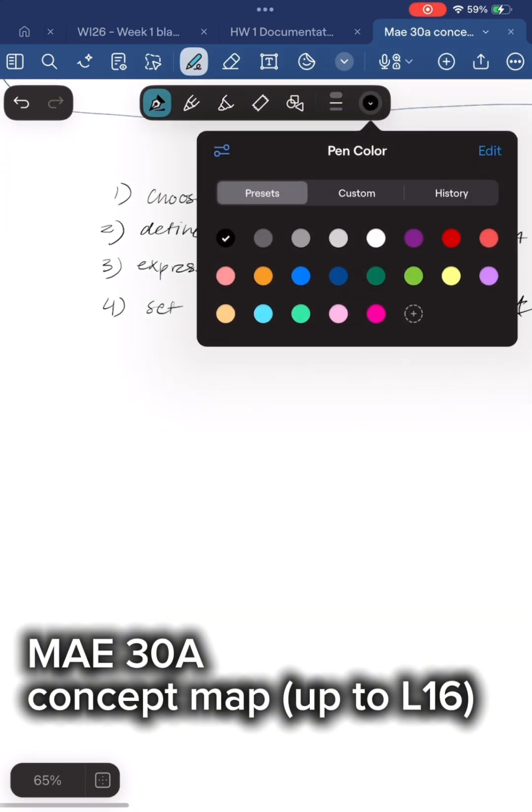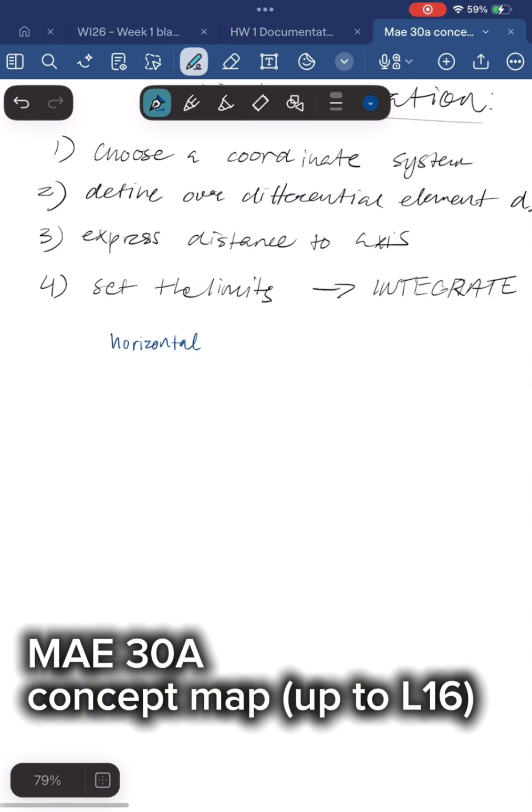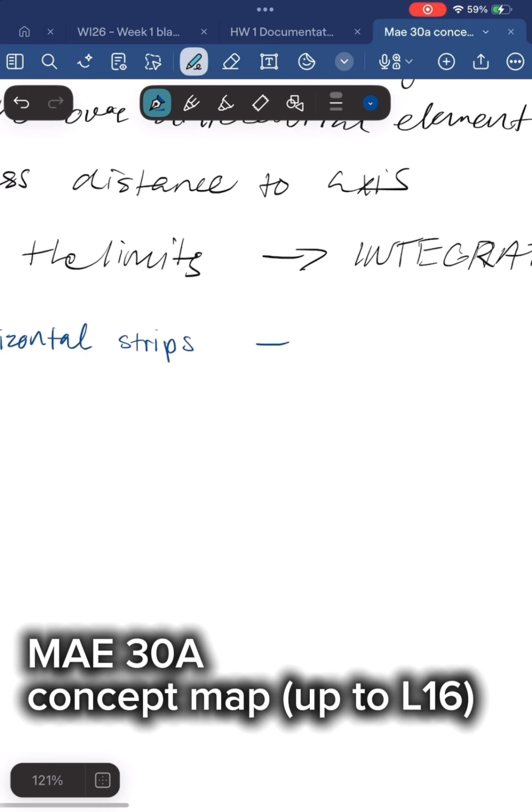Typically, if we want to use horizontal strips, we're going to find I_x.